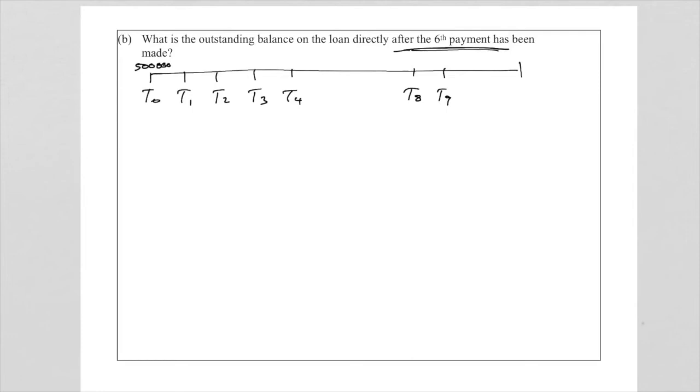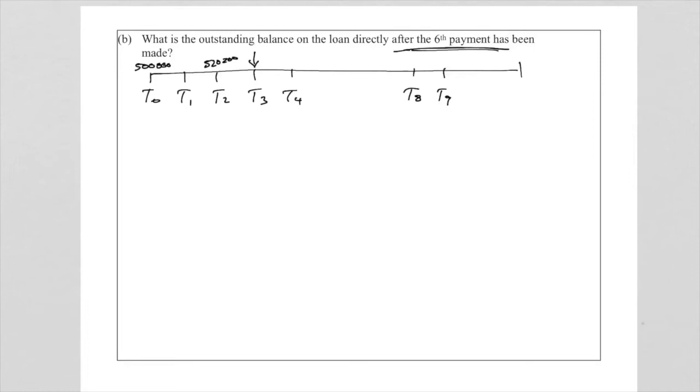We started our first payment at T3, and we calculated the new present value, or we grew the loan, and that was 520,200, and that was at T2. And then we started to make payments as from T3.